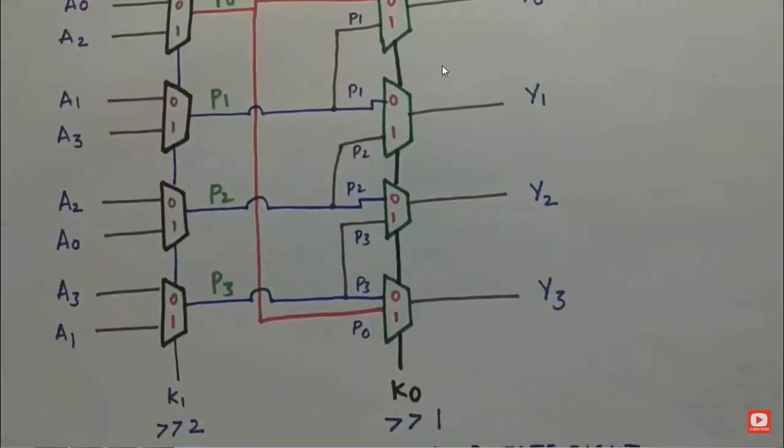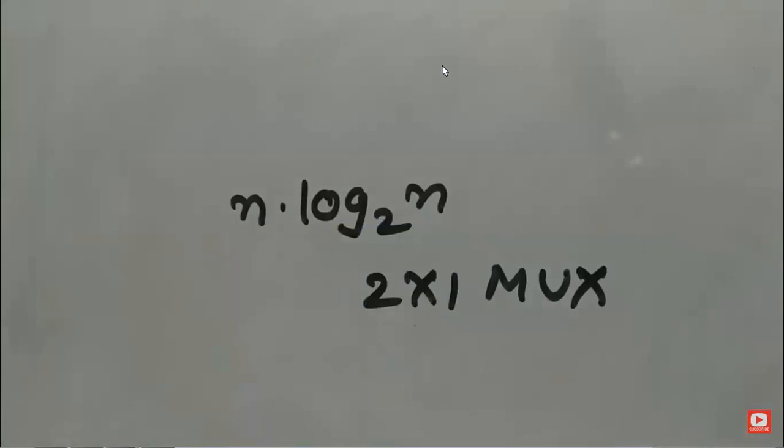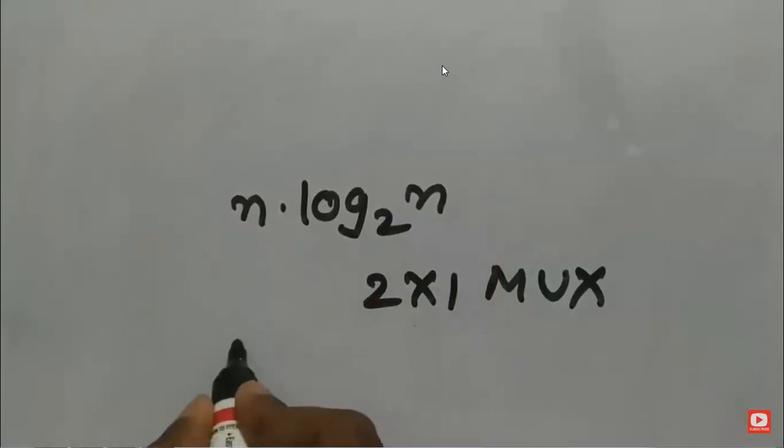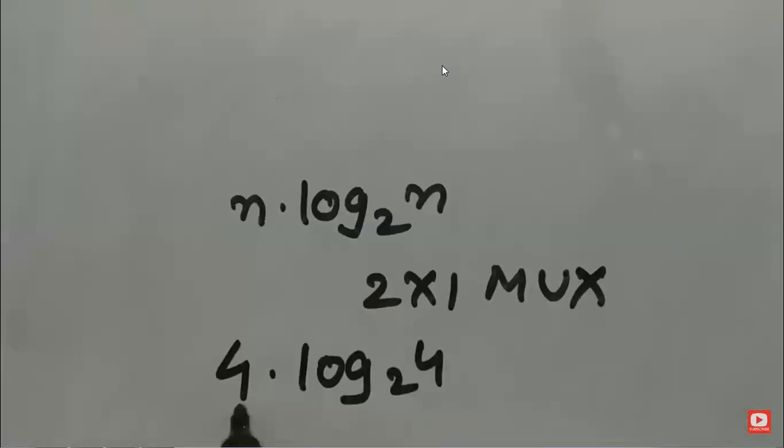Okay, as you can see, now let us consider how many multiplexers we need to perform this for 4 bits. Let's say we have n-bit data and we want to design using 2:1 multiplexers. How many multiplexers? We require n log2 n multiplexers. Let's say if we have 4 as n, that is 4-bit data, that is 4 into log2 of 4, that is 4 times 2 equals 8.